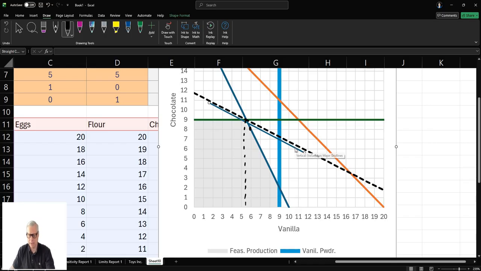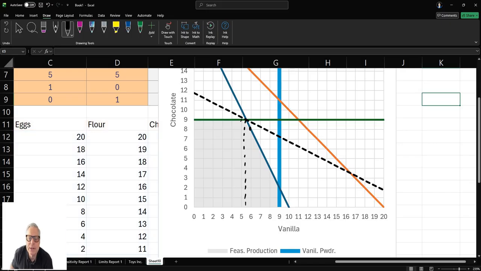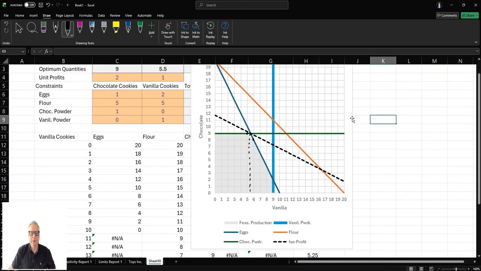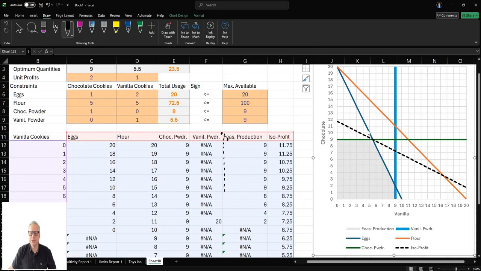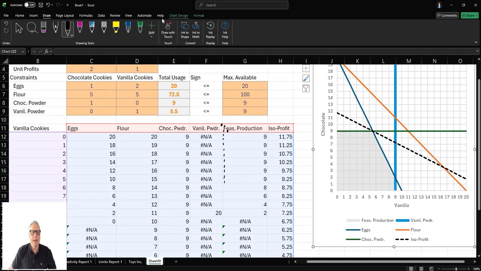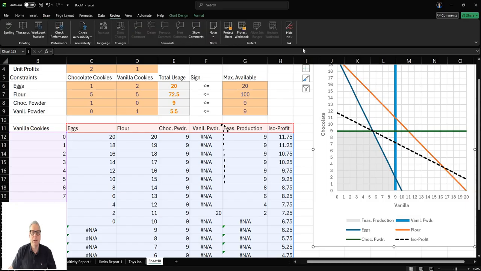So let me delete again this auxiliary line. So what we should expect is actually this one here, which is 9 and 6. So let's zoom in again a little bit. So this is what we should expect. And let me quickly delete again all that ink.